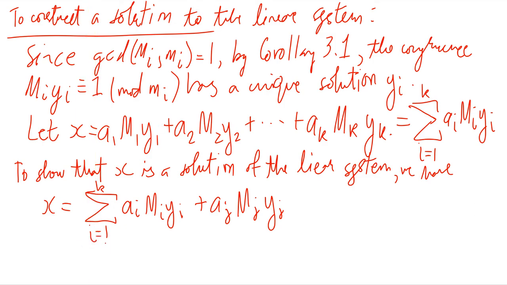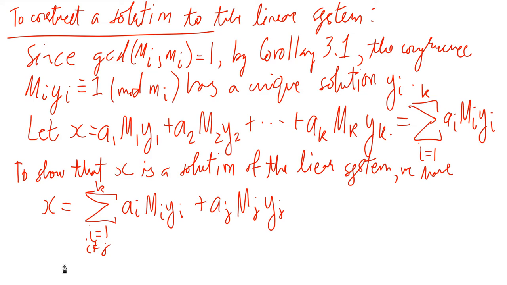Let's just make it smaller, shall we? Where I is not equal to j. I is not equal to j. Okay, this is a j. Just believe me, this is a j.